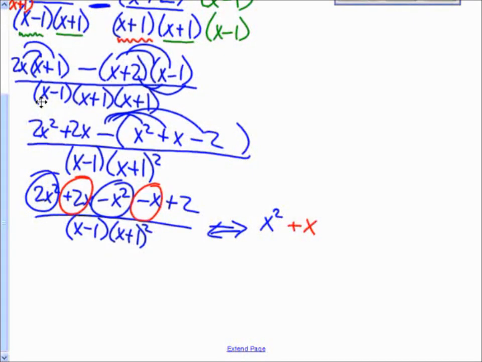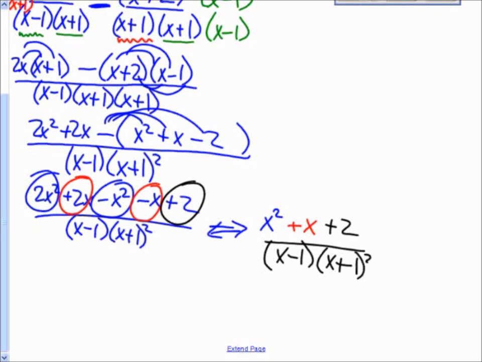And then I got the old plus 2 on the end, all over x minus 1, x plus 1 quantity squared. I try and factor the numerator there, that x squared plus x plus 2. It does not factor, so I leave it just like that. So x squared plus x plus 2 over x minus 1 times the quantity x plus 1, quantity squared.